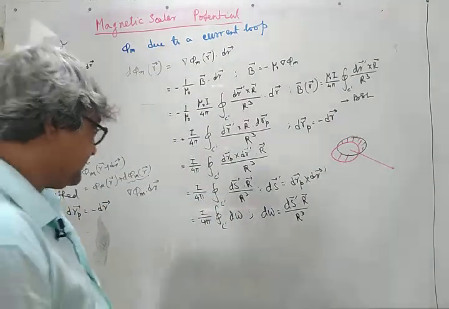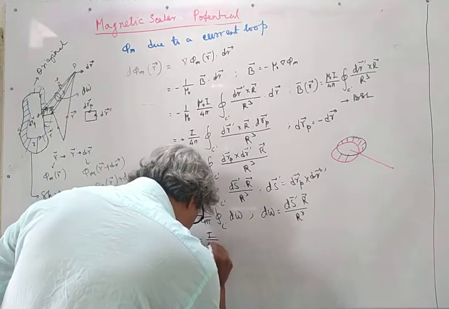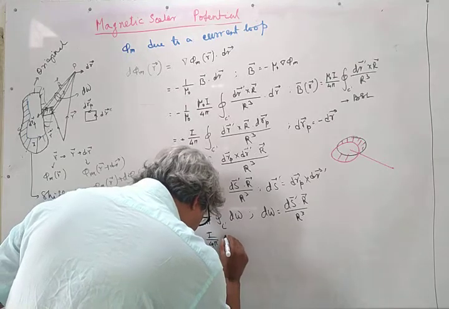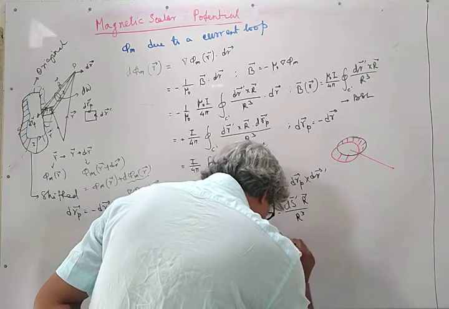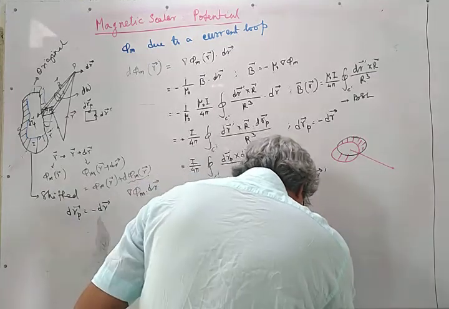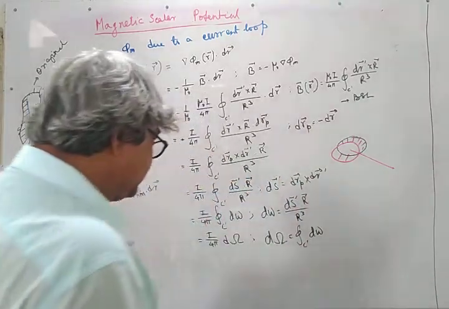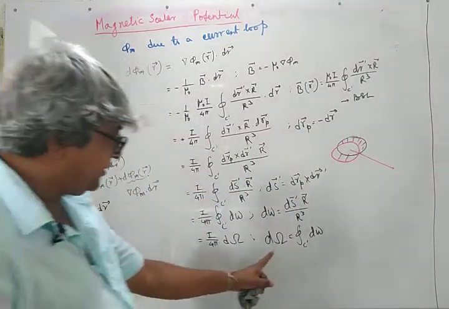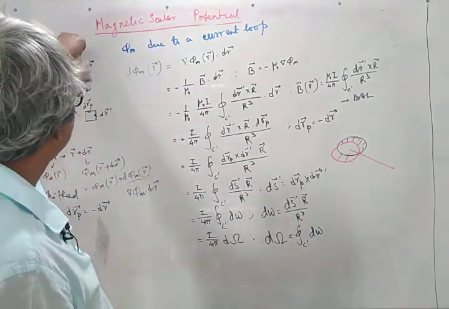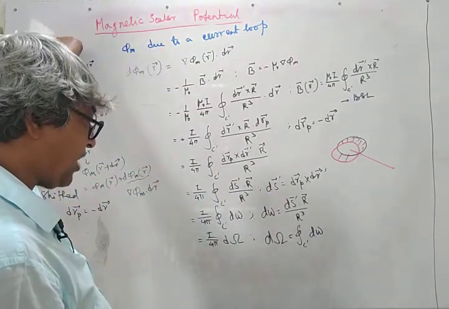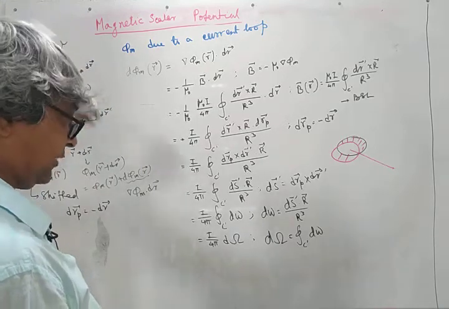So this is I upon 4 pi d capital omega, where d capital omega is the solid angle subtended at the field point by the entire conductor between its original position and the shifted position.